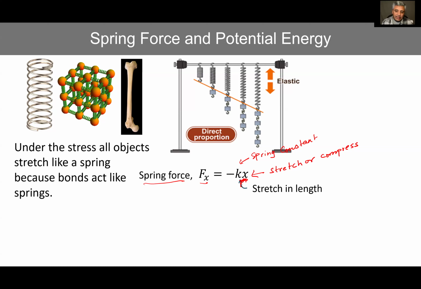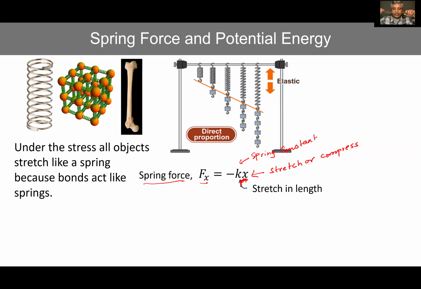So how do we find work done by the spring force? So far we talked, the force was fixed, it was constant, but the spring force depends on stretch. If it is stretched just a little bit, the force is also little bit.